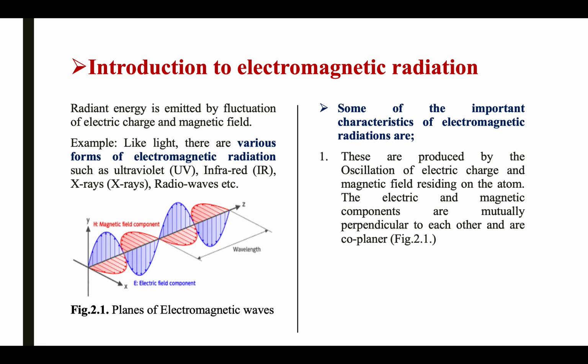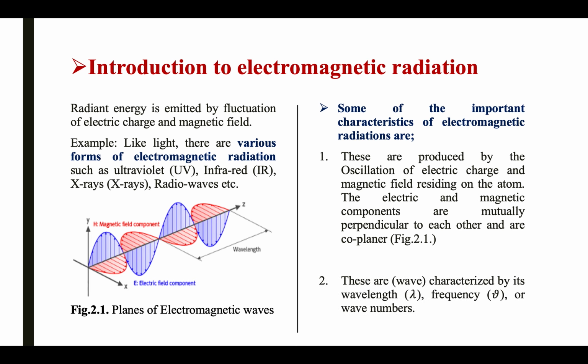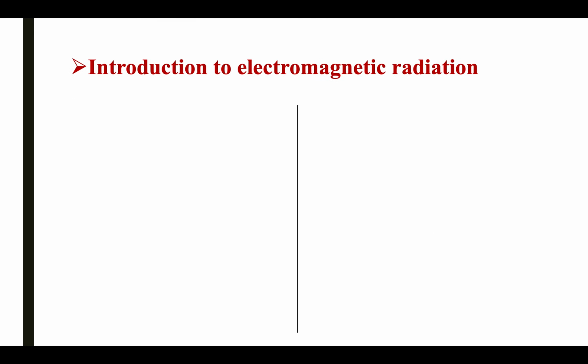So these are the two planes, and they stay in that same plane. The second characteristic is that these waves are characterized by wavelength, denoted by lambda, frequency, nu, or wave numbers.